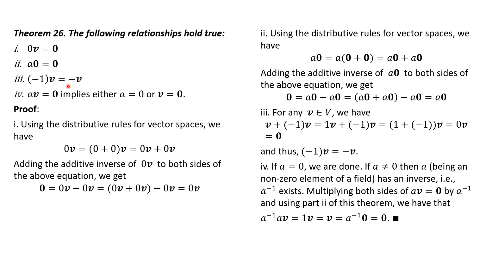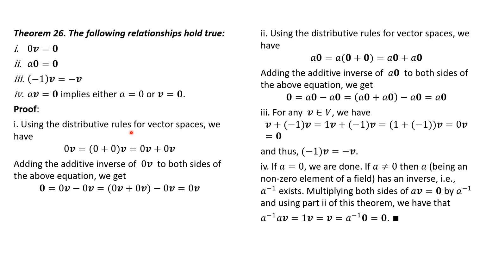The third one doesn't have possible confusion, but it's just saying the inverse of the multiplicative identity times any vector is the inverse of the vector. And then if a scalar times v equals the 0 vector, either the scalar is 0 or the vector is 0.